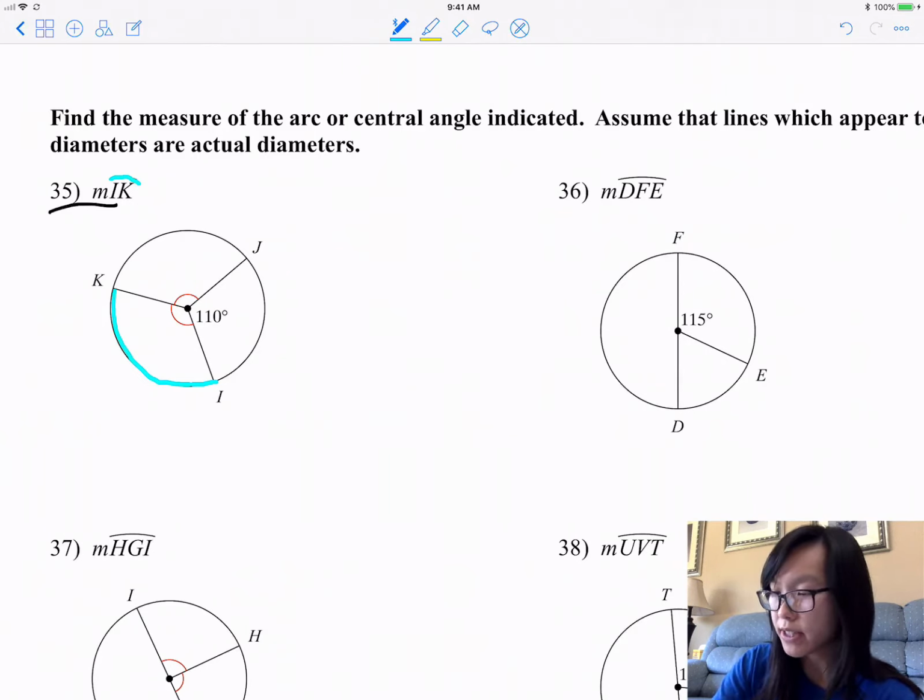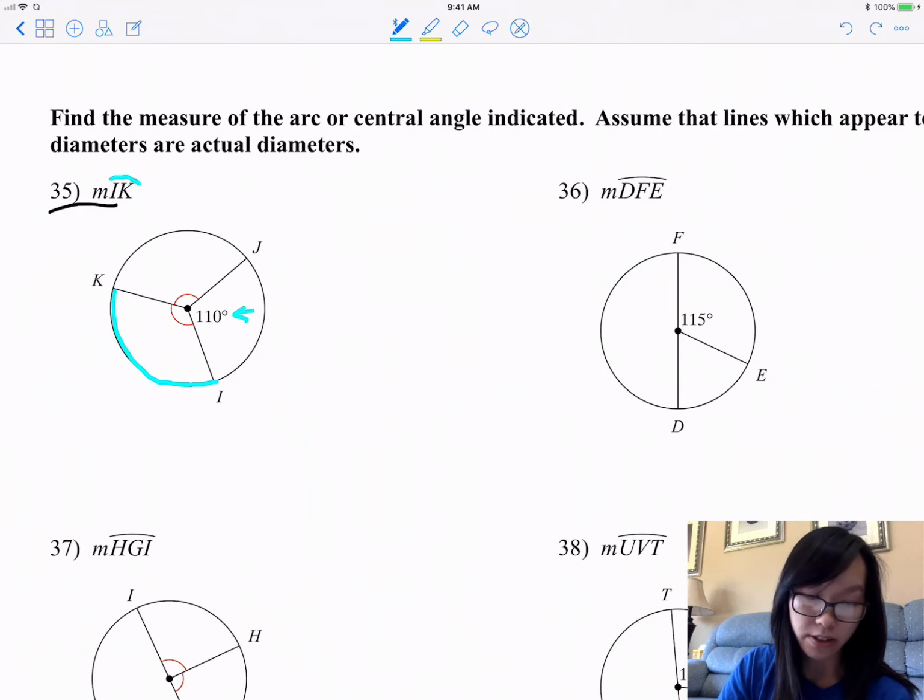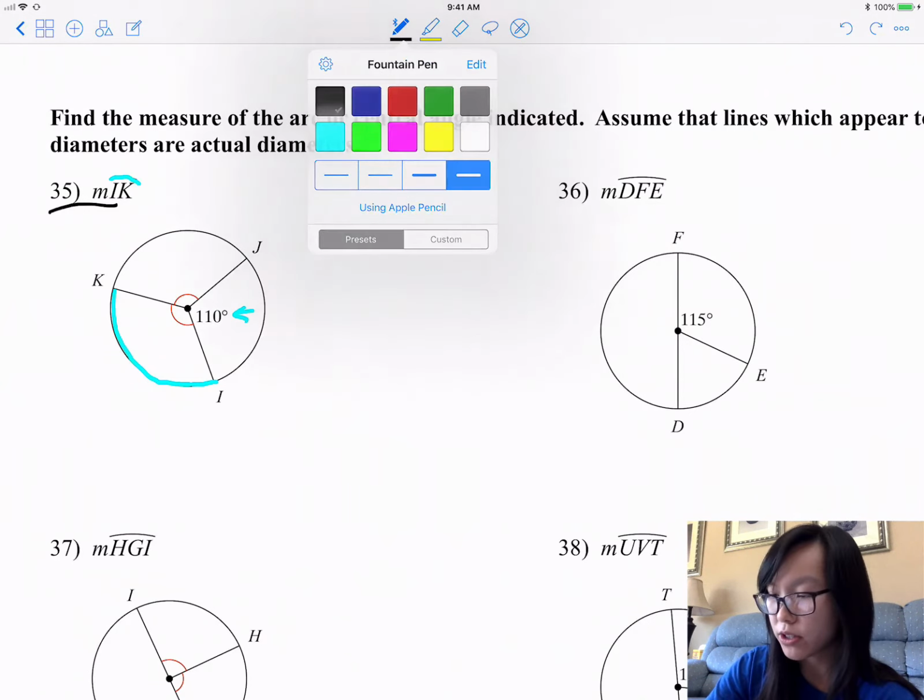And notice they give us this information that this right here is 110 degrees. And we know for a fact that we actually know the entire distance around a circle. We know it's 360 degrees. So we can basically set up an equation.